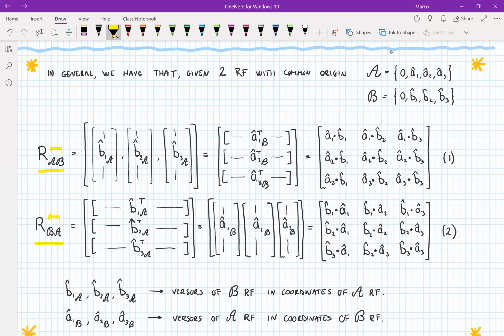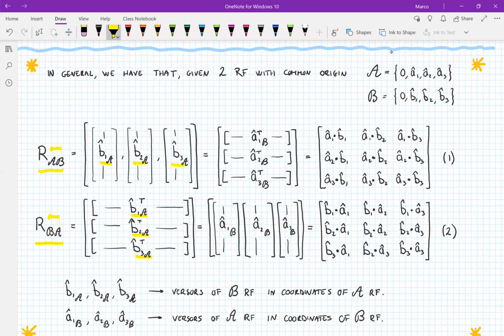If you have the expression of the versors of B, so B1, B2, and B3, expressed in the A reference frame, then if you put them column-wise, you get RAB. And if you place them row-wise, so B1 A transpose, B2 A transpose, and B3 A transpose, you're going to get RBA.